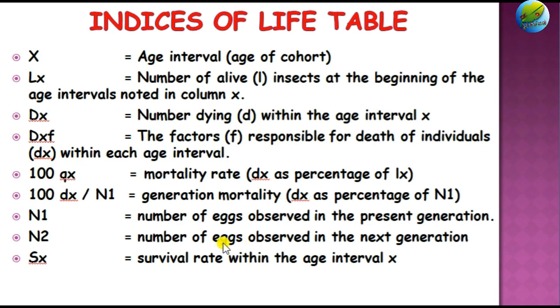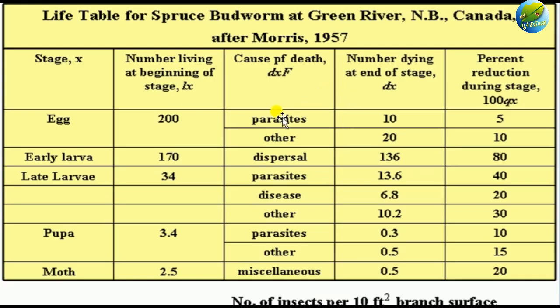These indices are denoted by different letters. Here we can see one example, the life table of the spruce budworm at Green River. You can see in the X column the different age groups: egg, early larva, late larva, pupa and moth.